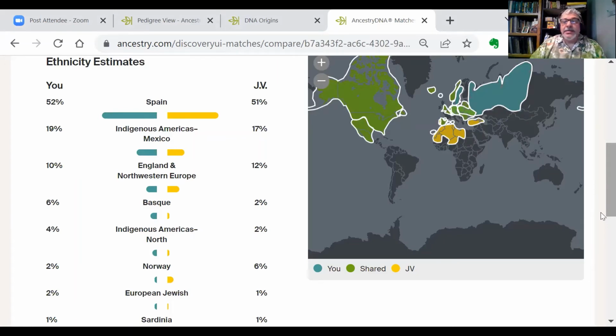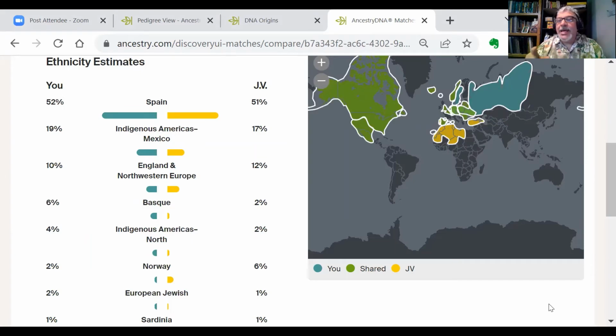Okay. Is that significant? Is that where I'm getting that English and Northwestern Europe ancestry, which is specifically Northwestern Europe? Okay. I don't see that I would have any British ancestry at all, not direct at least.